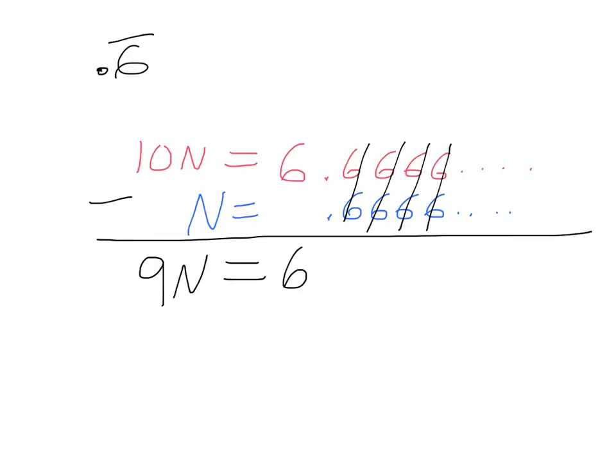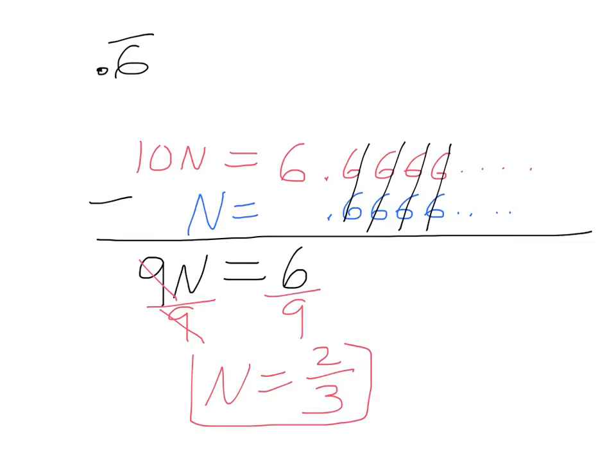Now I have 9n equals 6. I can divide both sides by 9, and I get n equals 6/9, or n equals 2/3. And that is changing a repeating decimal into a fraction.